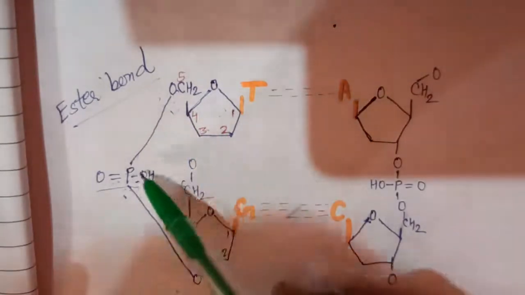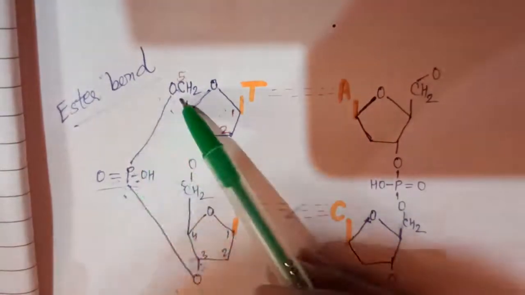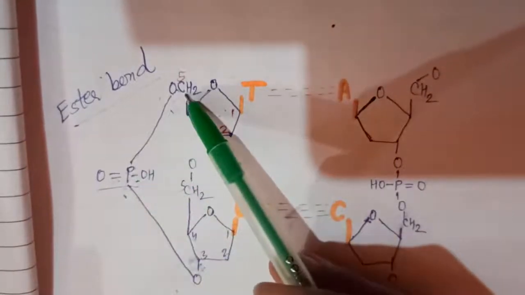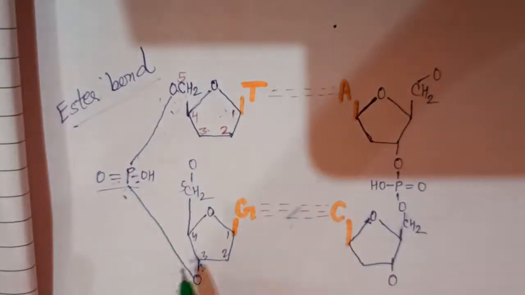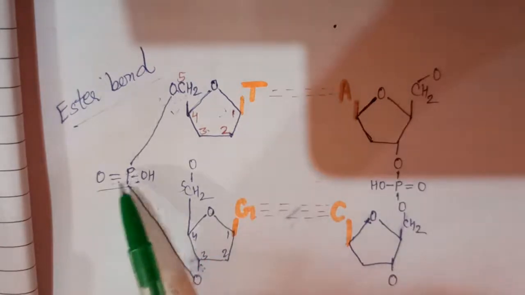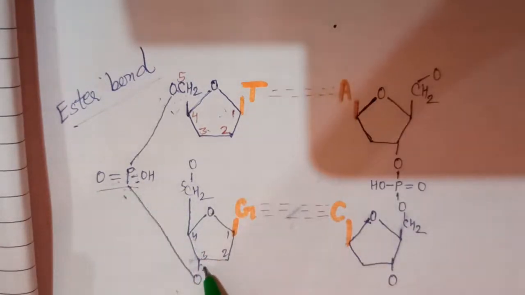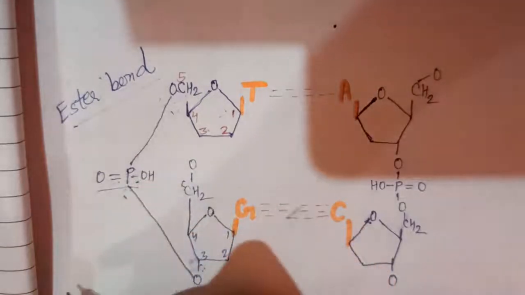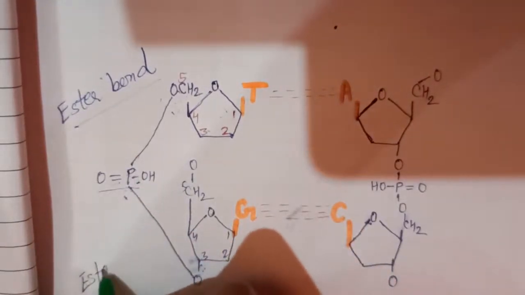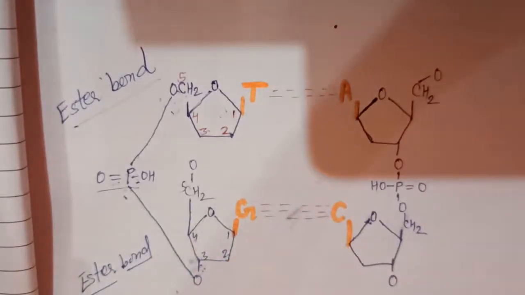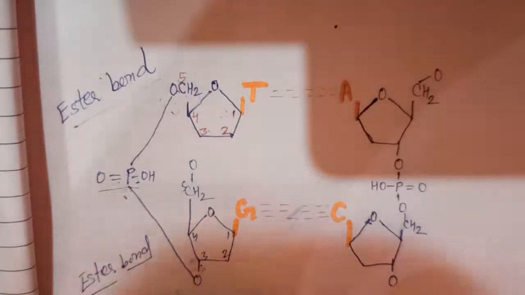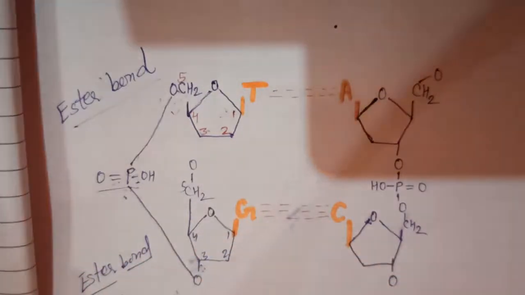Right, now I am telling you that this bond is called ester bond, with the help of which this carbon of sugar is attached with the phosphate. Okay, likewise the same bond is formed here at the 3rd carbon, between this phosphate and this 3rd carbon. Okay, the same ester bond will be formed here also, because 2 ester bonds are formed here. That's why in nucleic acid we say that phosphodiester bond is formed. Because this is called phosphoester bond, you can say.